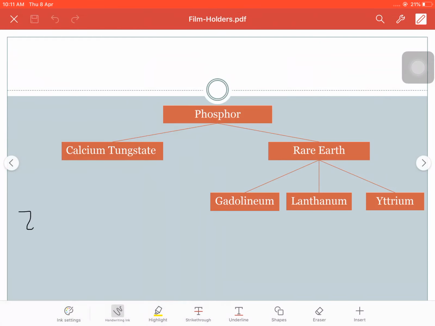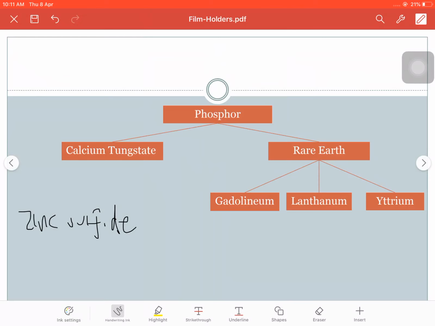We have also used zinc sulfide, and that is used for a low kVp technique that provides a high resolution image quality. Again, zinc sulfide was also used as a phosphor material, and it uses a low kVp technique for a higher resolution of image quality.